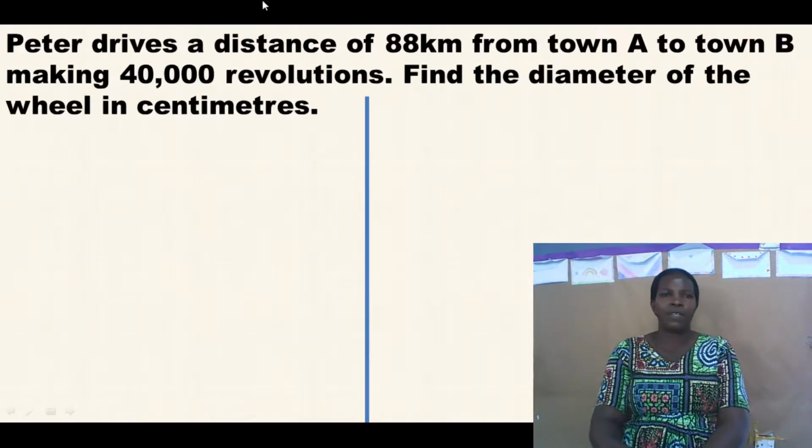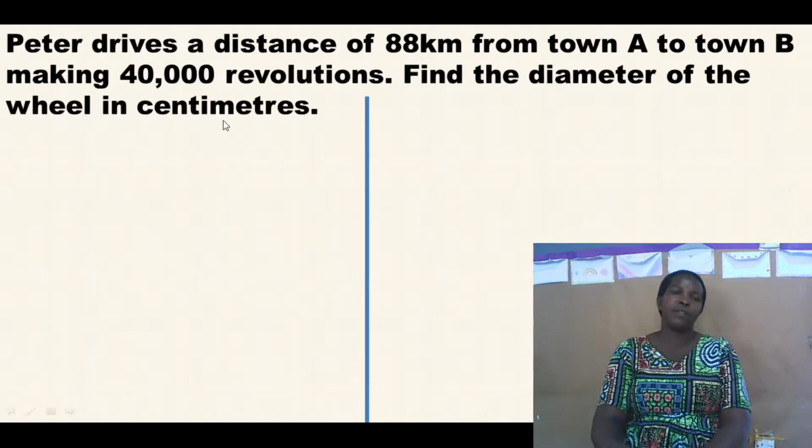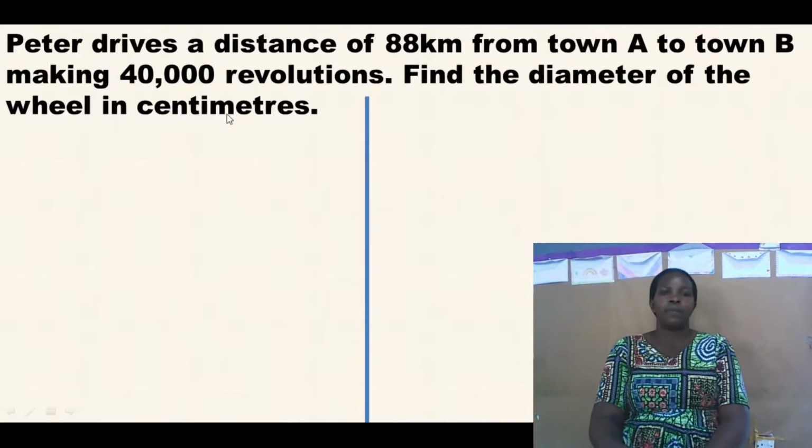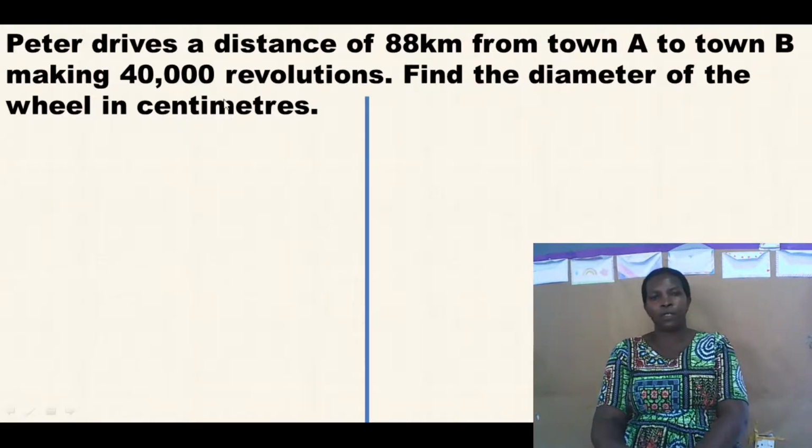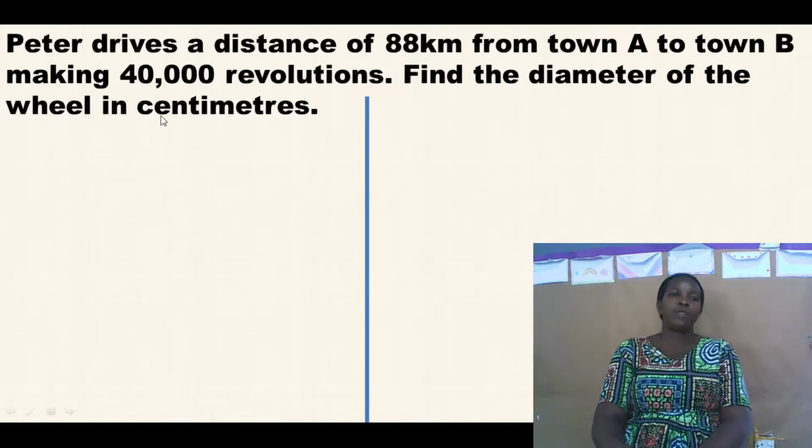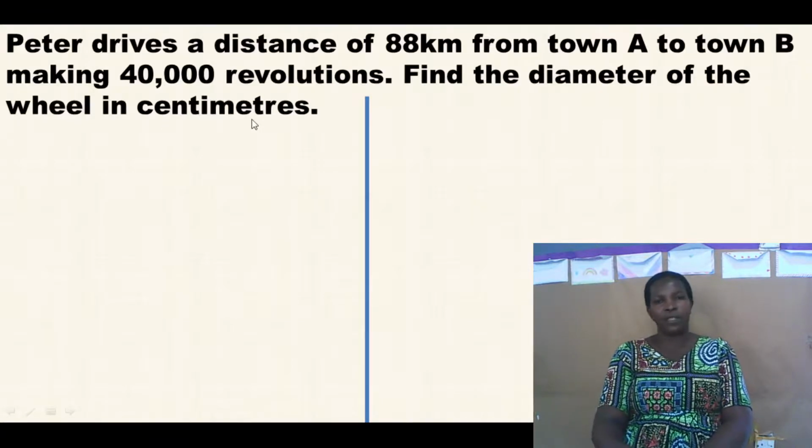Now, my dear boys and girls, if you can recall, in example 2 there was a need for us to convert the units into centimeters. Here is another task of converting the 88 kilometers into centimeters. So how do you go about this? We shall still borrow the knowledge our teachers taught us in primary 5, primary 6.